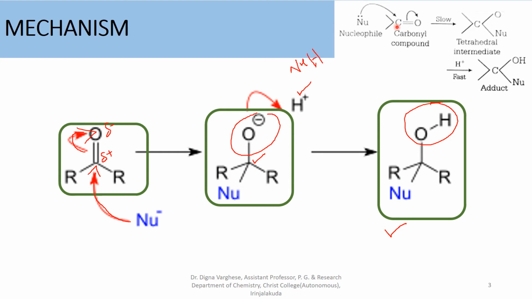The planar carbonyl compound becomes tetrahedral, forming a tetrahedral intermediate due to the addition of the nucleophile. The sp2 becomes sp3 carbon. The alkoxide oxygen atom attacks the H plus from the reaction medium and forms an adduct, that is, the product of the nucleophilic addition reaction.